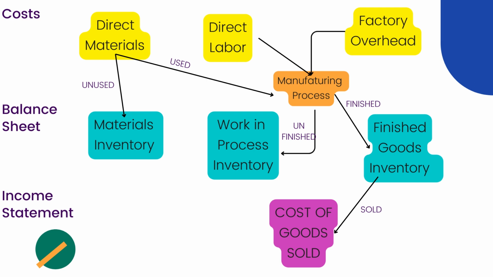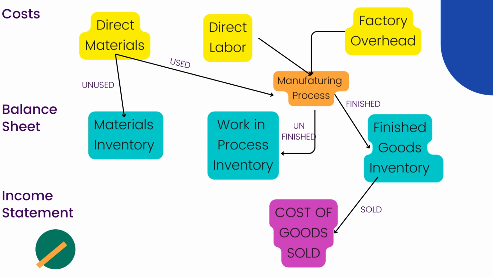Once you have your manufacturing process, you have to determine if it's work in process, because that's what the manufacturing process is. It's more like your work in process. If it's unfinished, you're going to move it into your work in process inventory. But if it is finished, it's going to go to finished goods inventory.